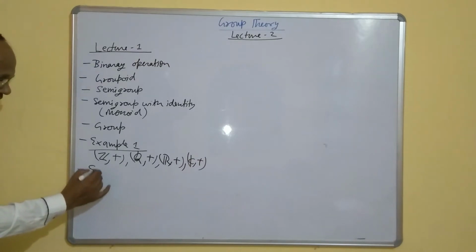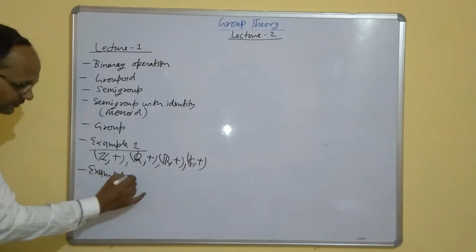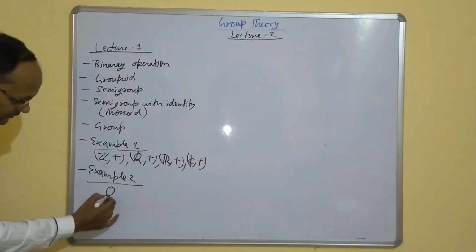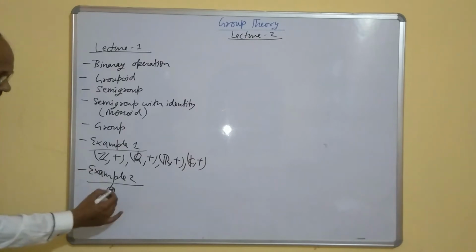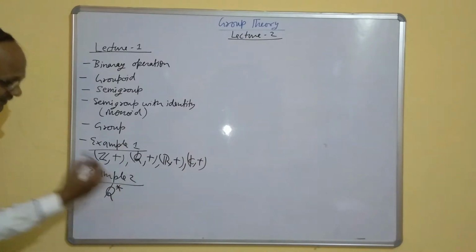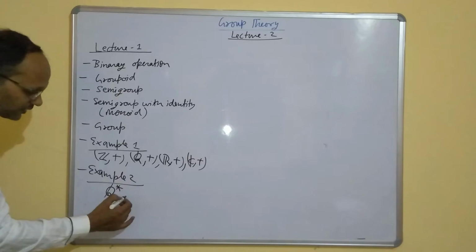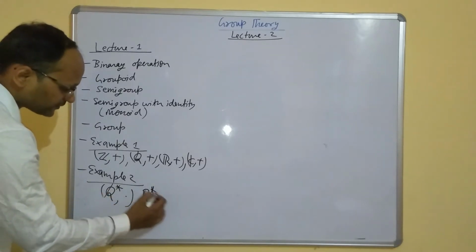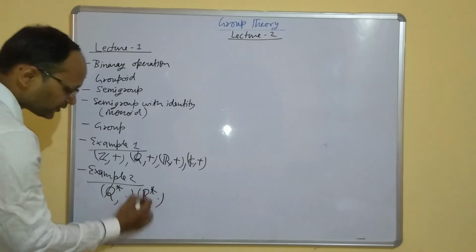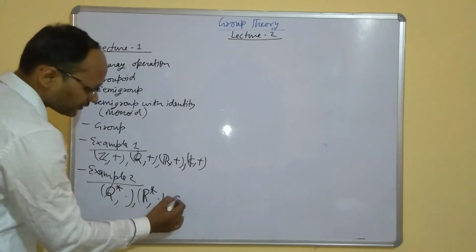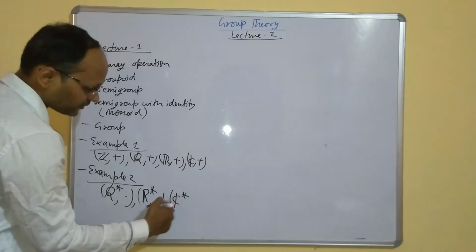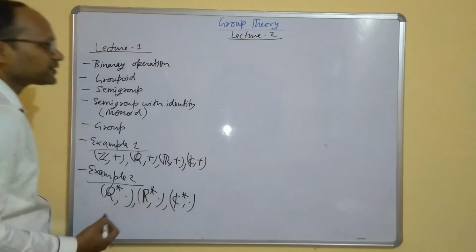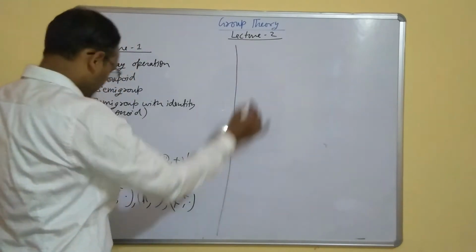And next, in example 2, we have shown that the set of rational numbers minus 0 is a group with respect to multiplication. Similarly, R star with respect to multiplication, and the set of complex numbers star, meaning complex numbers minus 0, with respect to multiplication is a group.